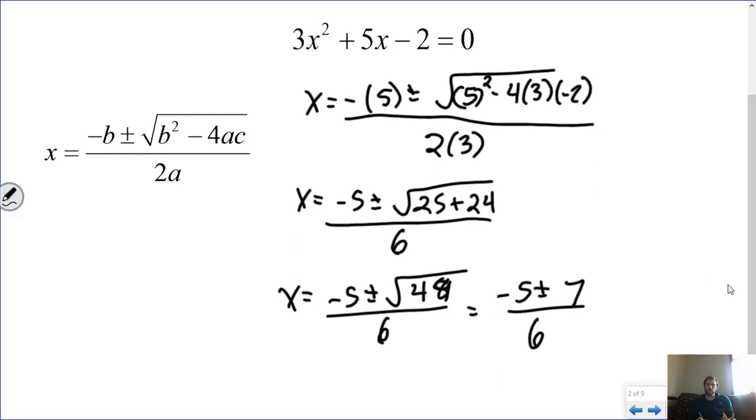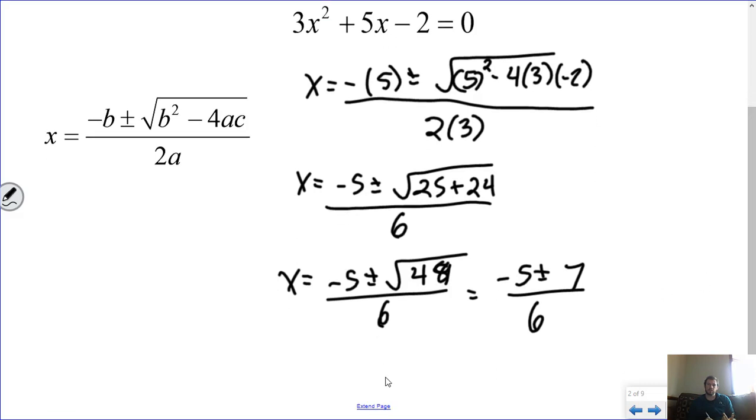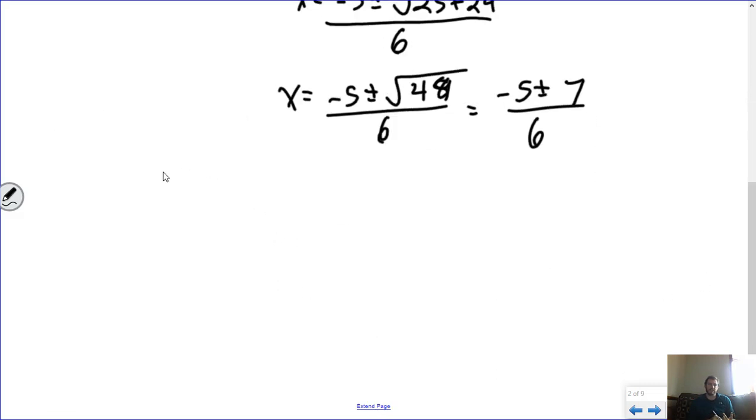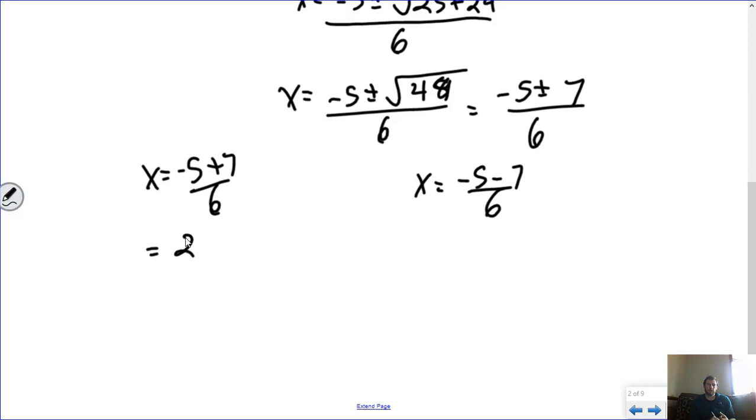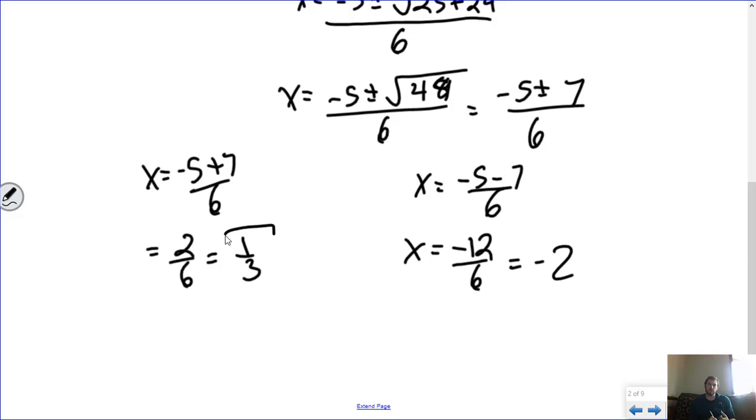So now if I do those two answers, x is going to be equal to negative 5 plus 7 over 6, or x is going to be equal to negative 5 minus 7 over 6, those are going to be my two answers. So negative 5 plus 7 is 2, 2 over 6, and simplify that, I get 1 over 3. Negative 5 minus 7 is negative 12 over 6, and if I simplify that, I get negative 2. So there are my two possible answers.